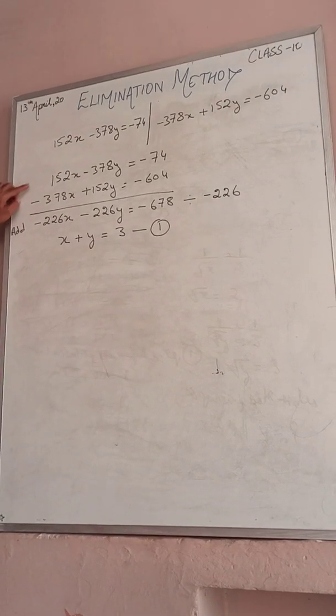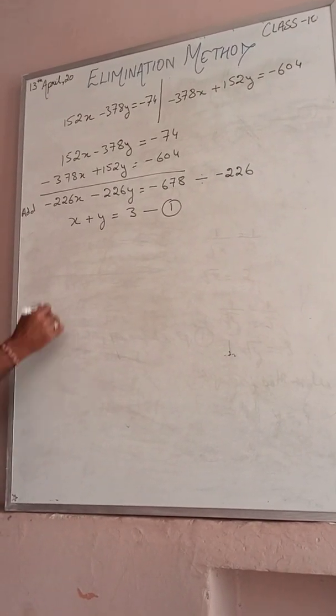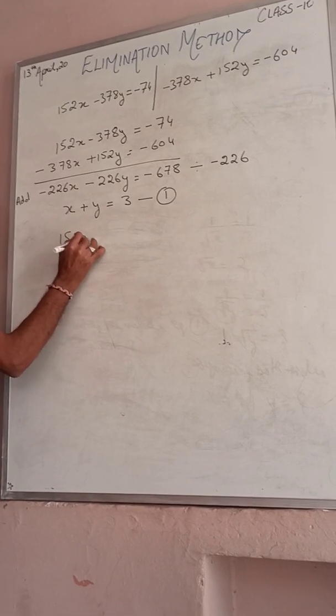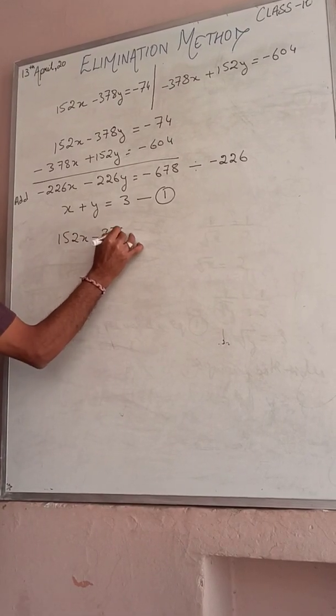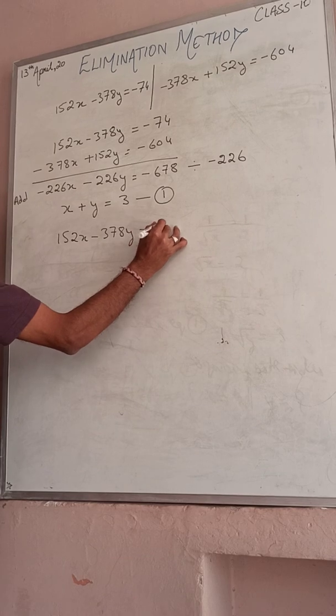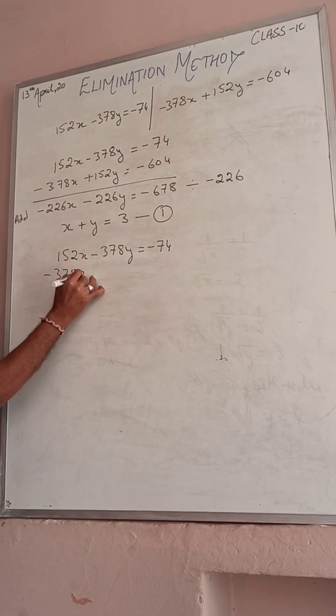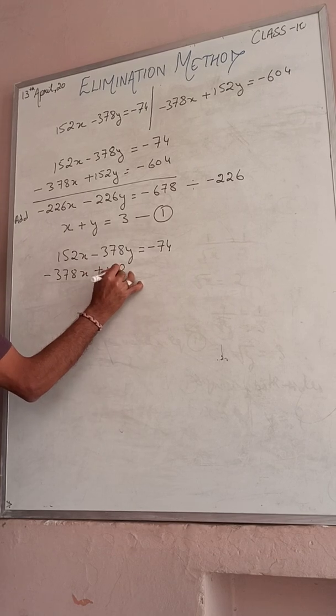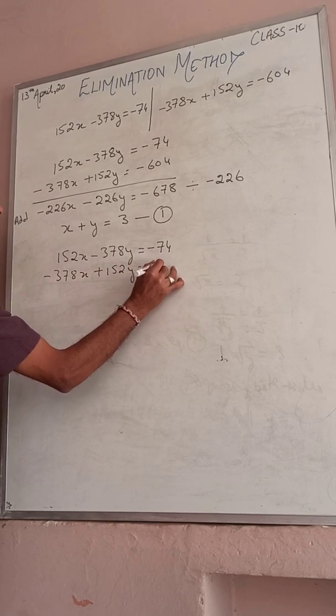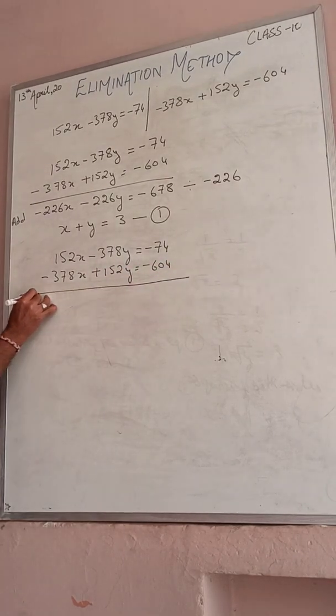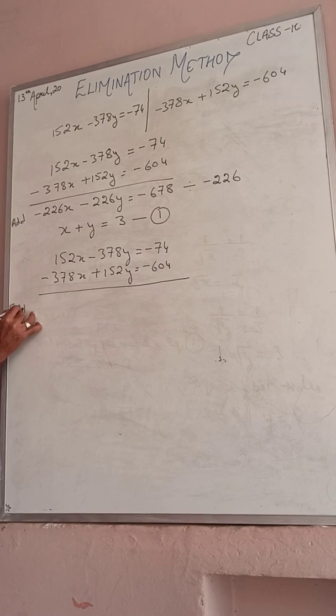Similarly, write the two equations again, that is 152x minus 378y equals minus 74, and 378x plus 152y equals minus 604, and this time subtract them.